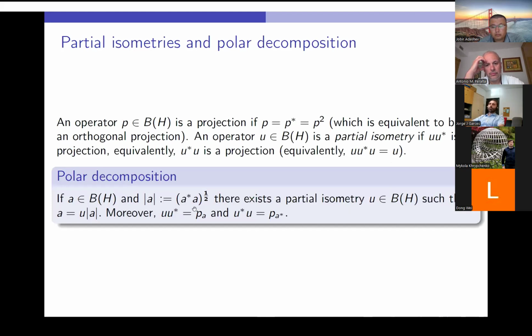So every operator has a polar decomposition, which means that it can be decomposed in the form A equals U times the modulus of the operator, where this U is a partial isometry such that U star is the projection onto the final space of A, and U star U is this other projection onto the initial space of the operator.